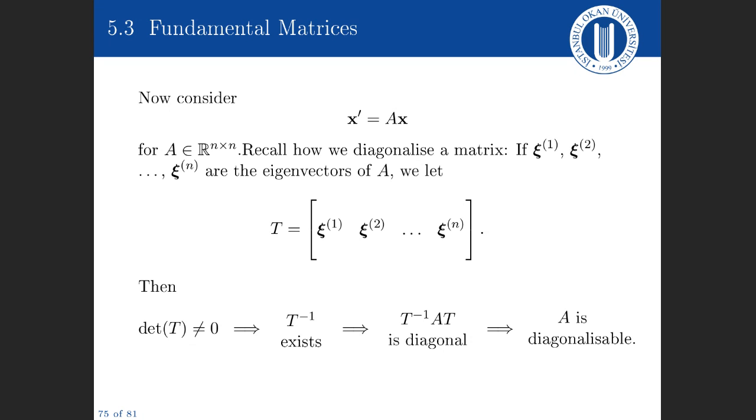In other words, as long as the determinant of T is not 0, we have a matrix which is diagonalizable. This should be revision for you from your linear algebra course.